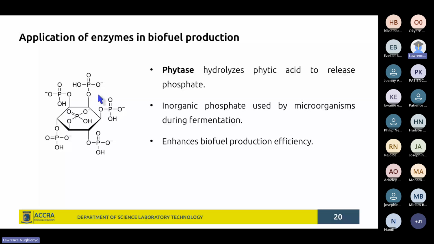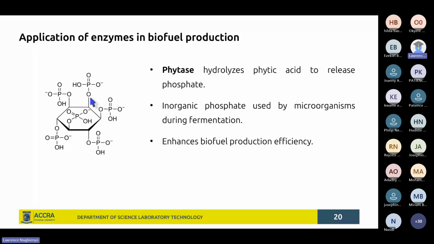And you need phytase that will break off all of these phosphate groups, which then can be used by the microorganisms that are being used for the fermentation process. Because you remember that phosphates activate biological processes.